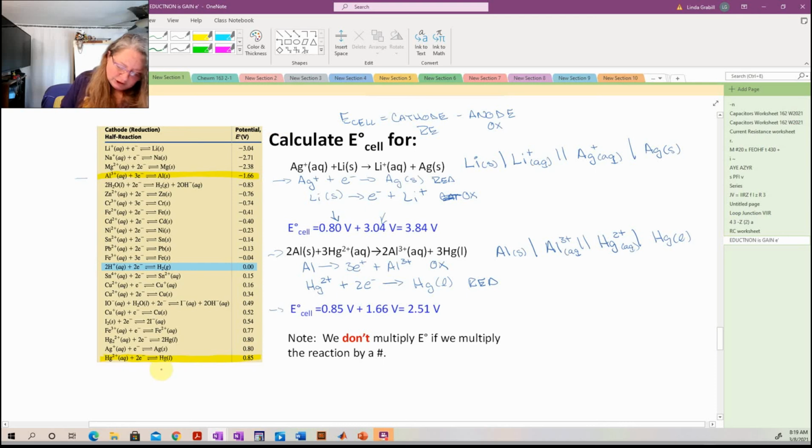So my Hg2 plus, there's my 0.85, and it's a positive sign in the same direction. This is listed as a reduction reaction, so I don't have to change the sign. The other one, my aluminum, is an oxidation reaction, so I'm going to have to change the sign on it, so it becomes 1.66. And then this is the total potential that I have available for this cell. So pretty cool.